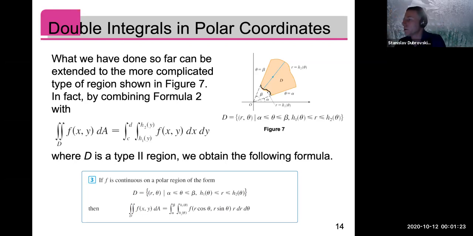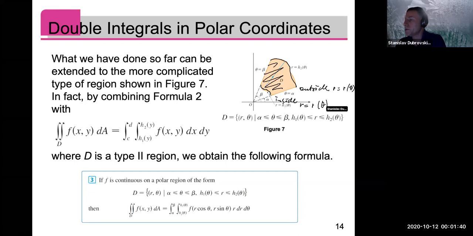When you're talking about polar, here you have a definite inside and outside. Limits on your region are as a function of theta. And here's another r as a function of theta.